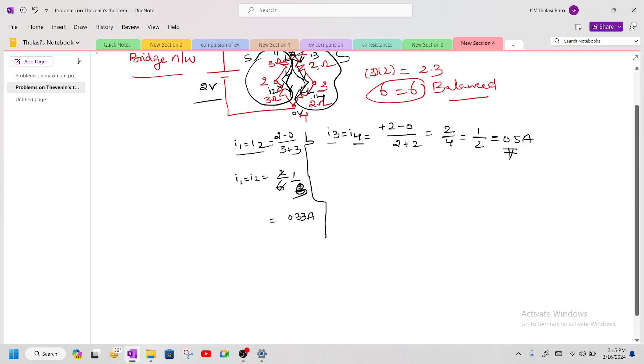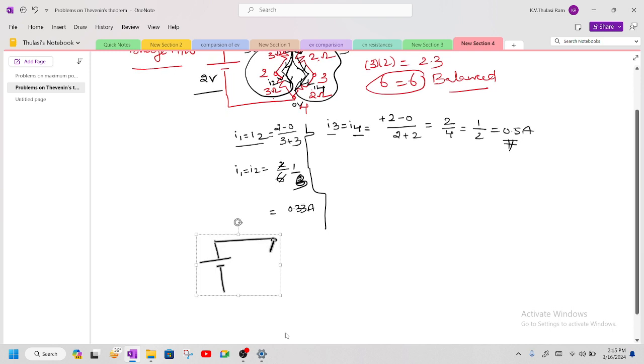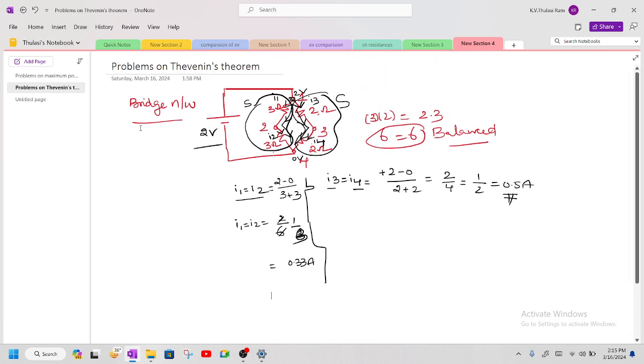So I'm going to construct this diagram like this. This is a 2 volts source, and here I'm going to have this network like this, and now we are going to reconstruct it to analyze the problem. Now you see this problem. I'm considering the bottom end of the bridge.